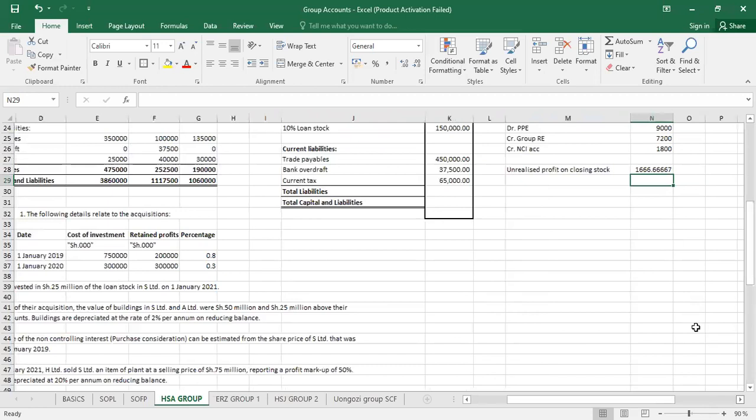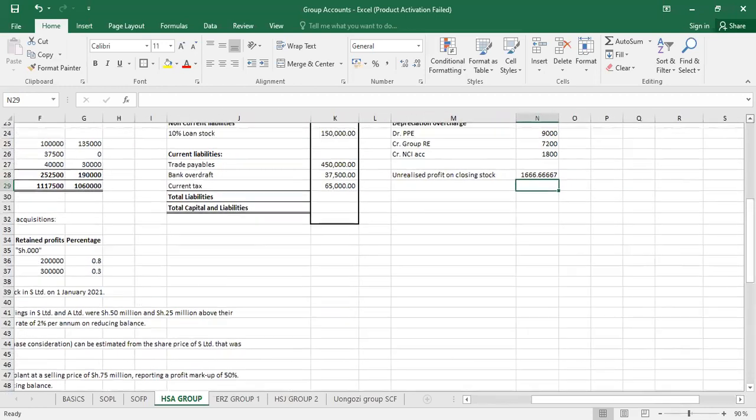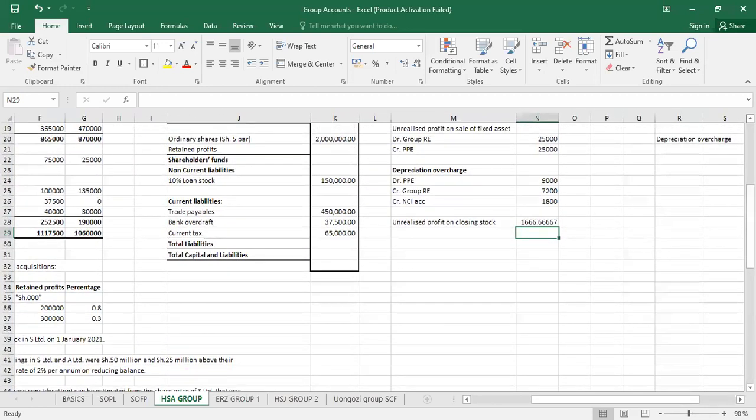Let me give you the entries so that it doesn't disturb you later. For unrealized profit on closing stock, the first thing we'll do, we'll debit group retained earnings.